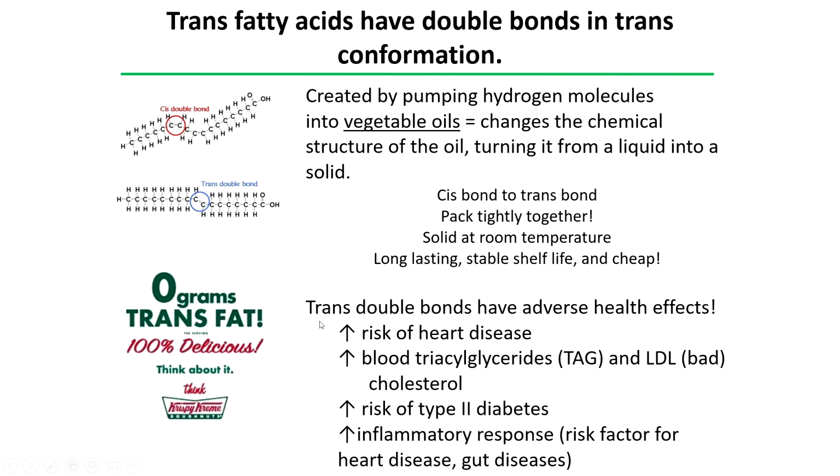It's not totally clear what the mechanism is behind this, but with increasing consumption of trans fatty acids, you get the increased risk of these really bad health effects. And as a result, many companies have reduced their use of trans fatty acids, and in some states, the use of trans fatty acids in fast food development is banned.